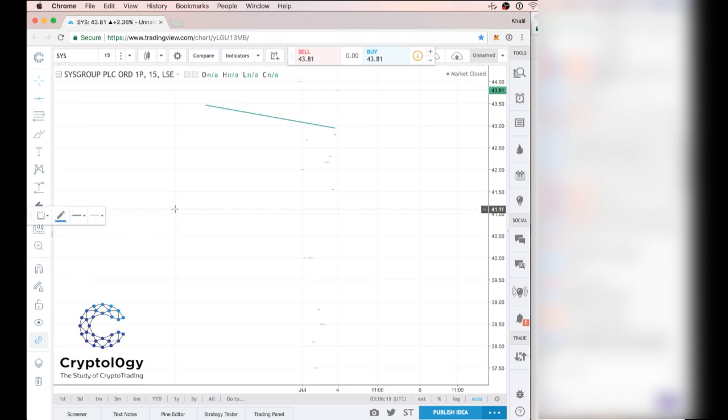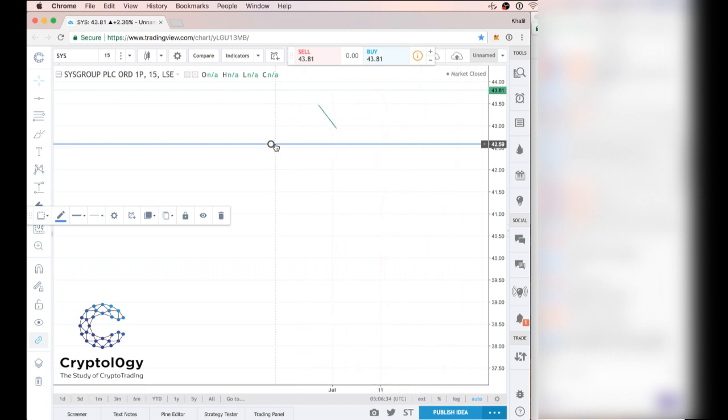Horizontal line. We do use this a lot for support, resistance, anything that's horizontal. It just draws a horizontal line across your entire chart.